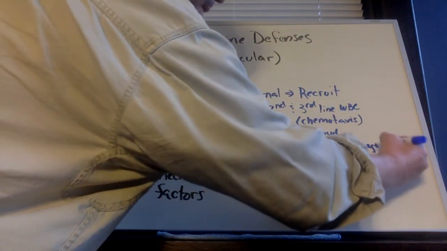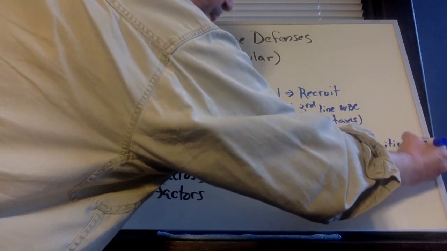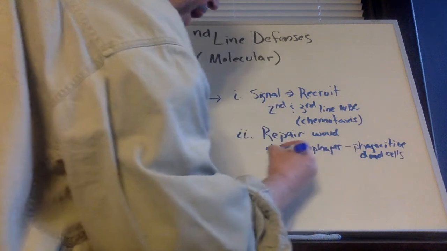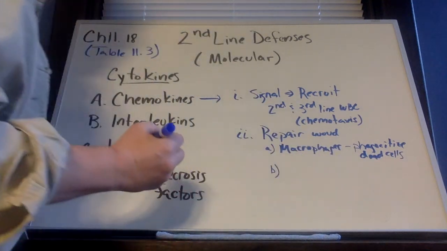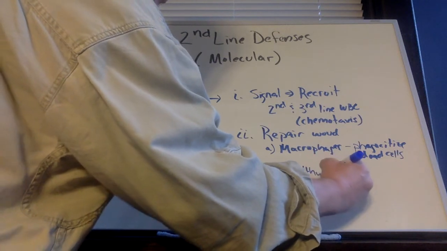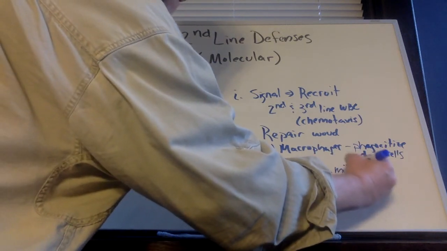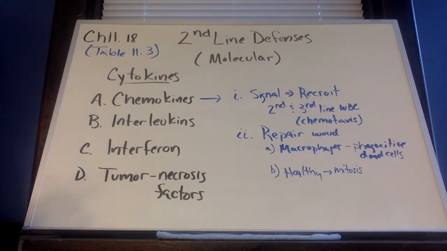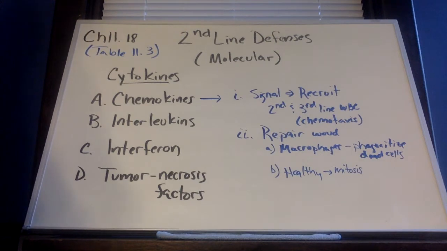So they will phagocytize dead cells. And they will also tell nearby healthy cells to undergo mitosis. If you want to repair tissue, you need new cells. And so if you need new cells, you will tell good cells to do mitosis.